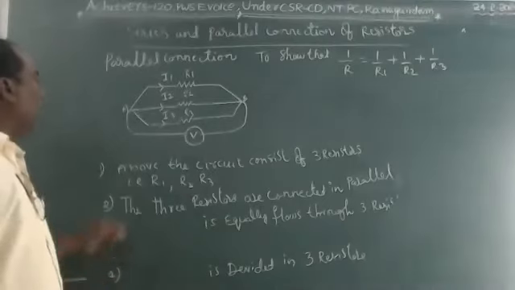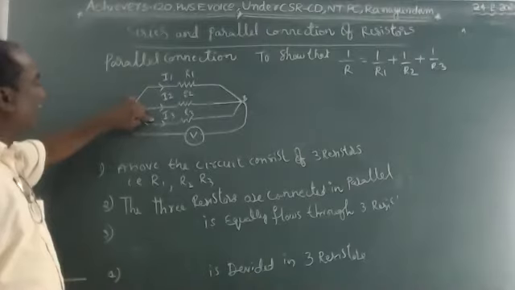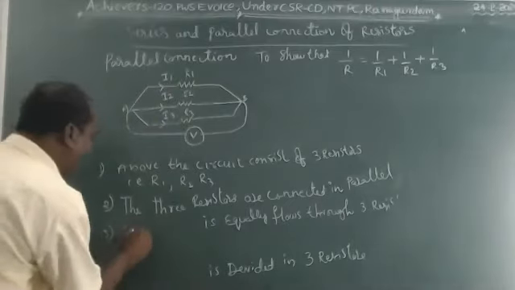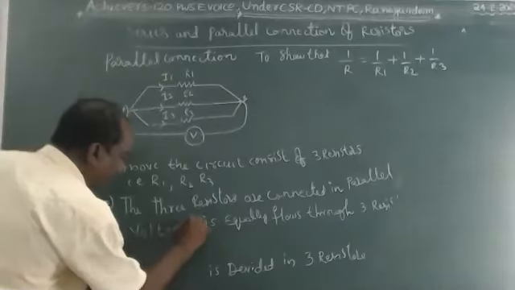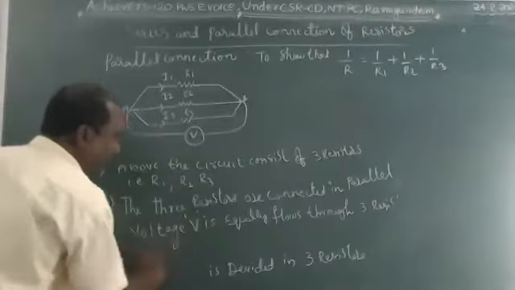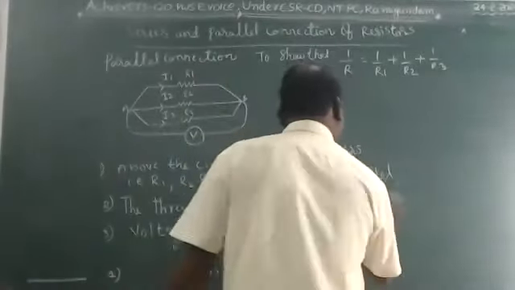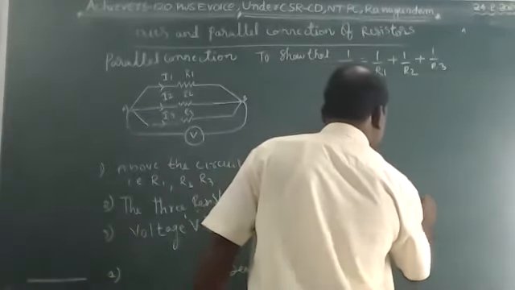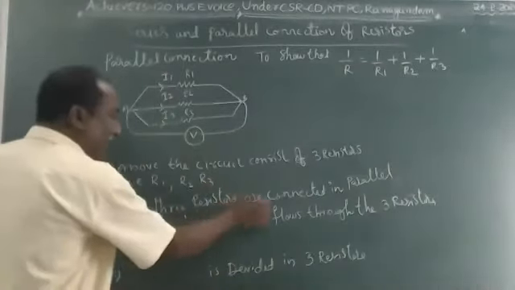Okay, children. Now, in parallel connection, voltage V is the same across all the resistors. So that's why we have the third point: voltage V is equal through the 3 resistors.